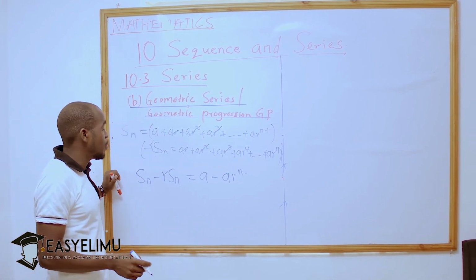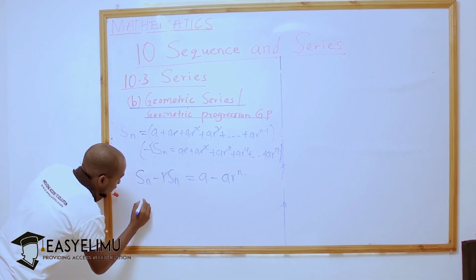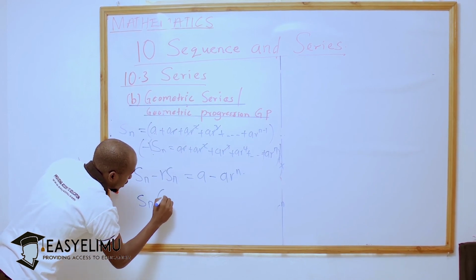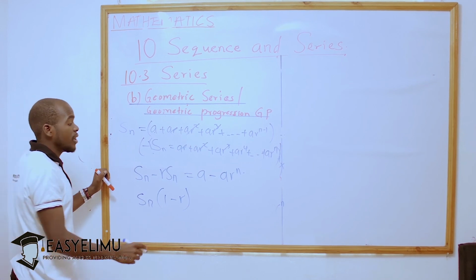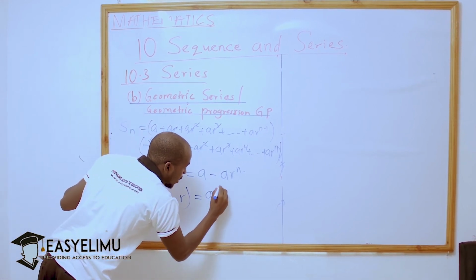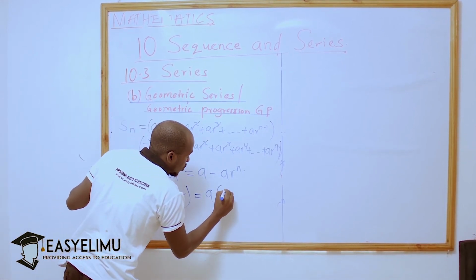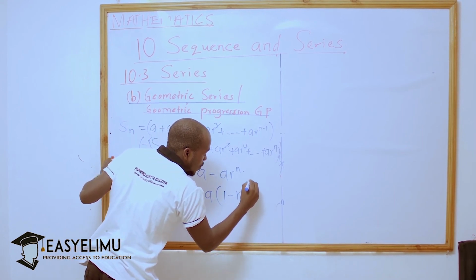Let's see what happens if we take it the other way. Now we can see that Sn is common in both of these, so we shall factor out Sn, and you shall find it is 1 minus R, and here A is common between them, so you shall factor out A, and you will find that this is 1 minus R raised to n.